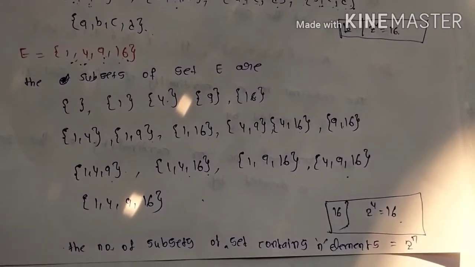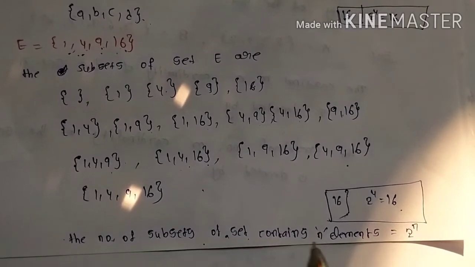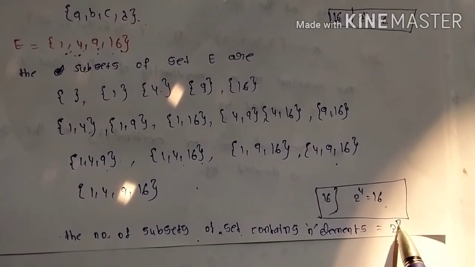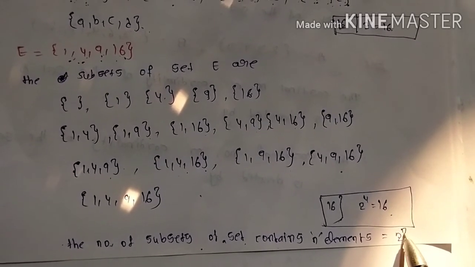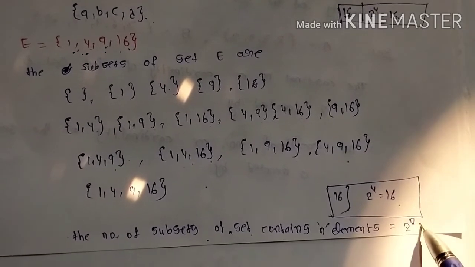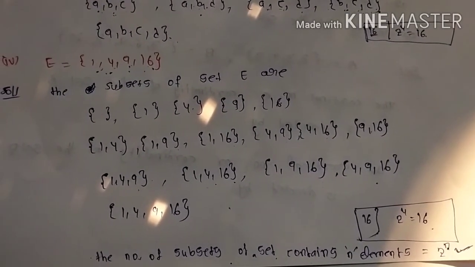If they ask in an objective question, you can remember it: the number of subsets of a set containing n elements is 2 power n. For example, if I ask orally, if there are 5 elements in the set, how many subsets are available? 2 power 5, how much? 32. That means you can remember that 2 power n is your correct answer.